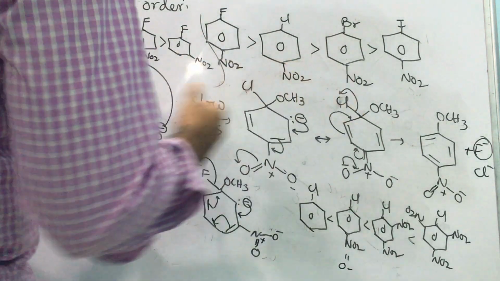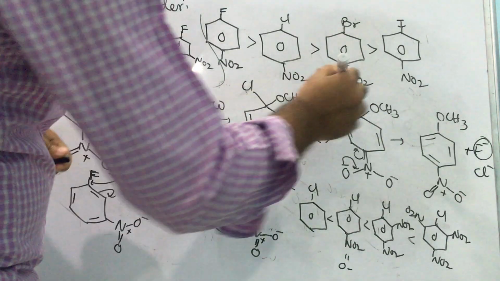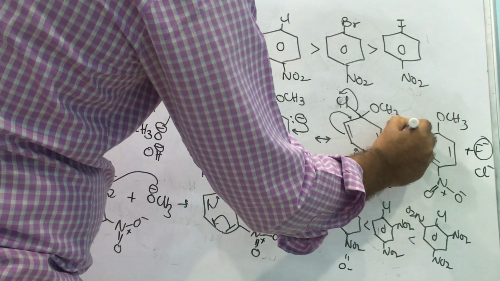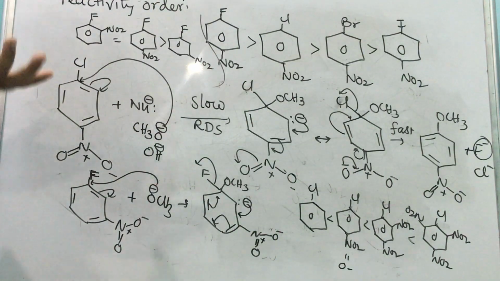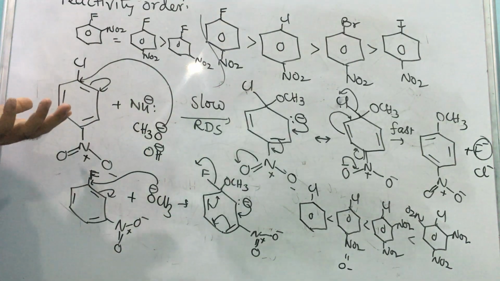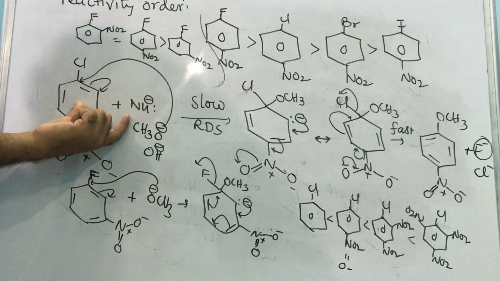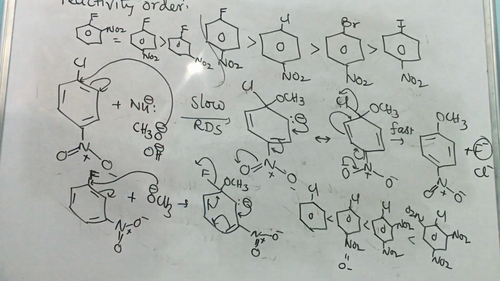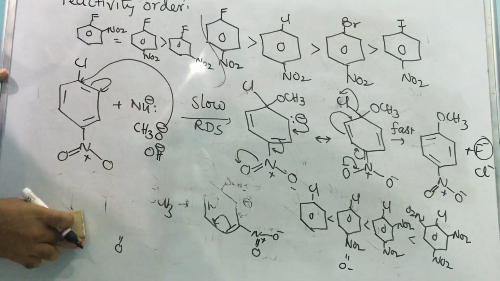Okay, this is the reactivity mechanism. In this reaction, the first nucleophile attack is the slow step. Next, the Cl minus leaving is the fast step. Now they may ask about kinetics, meaning what is the order of the reaction. In the slow step, two molecules are participating, the haloarene and the nucleophile. Because the mechanism is not required now, I will remove it.